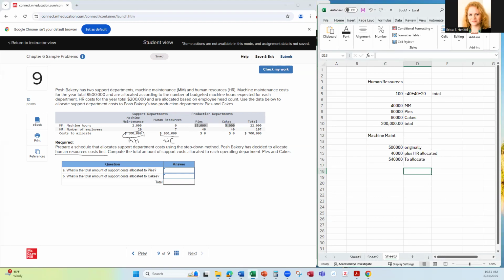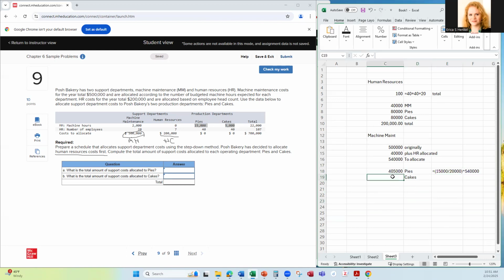So for pies, it's going to be the 15,000 divided by 20,000. We're going to multiply that times the 540,000. And I forgot an equal sign there. Over here so you can see what I'm doing there.